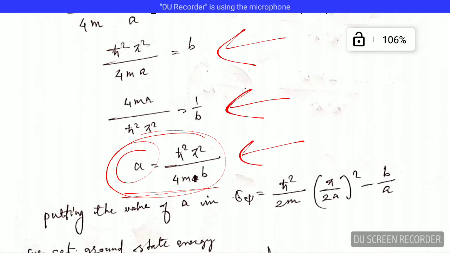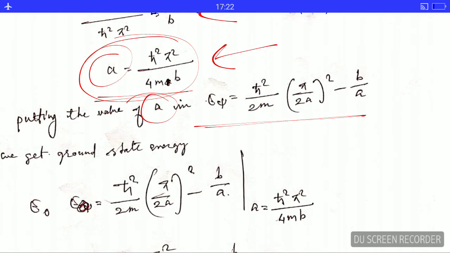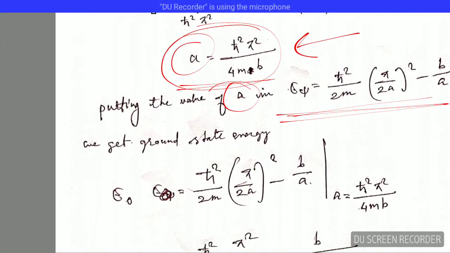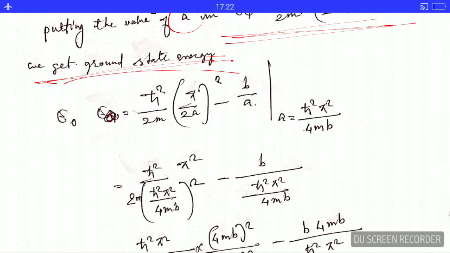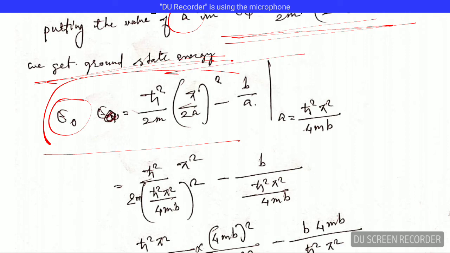Putting the value of A in this equation of energy, we get the ground state energy. E0 denotes the ground state energy. So the value of the ground state energy is given when we put A equal to this much.